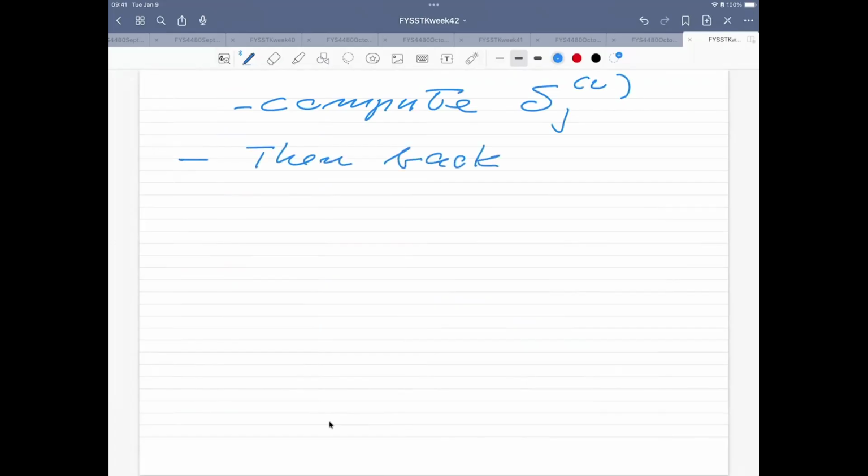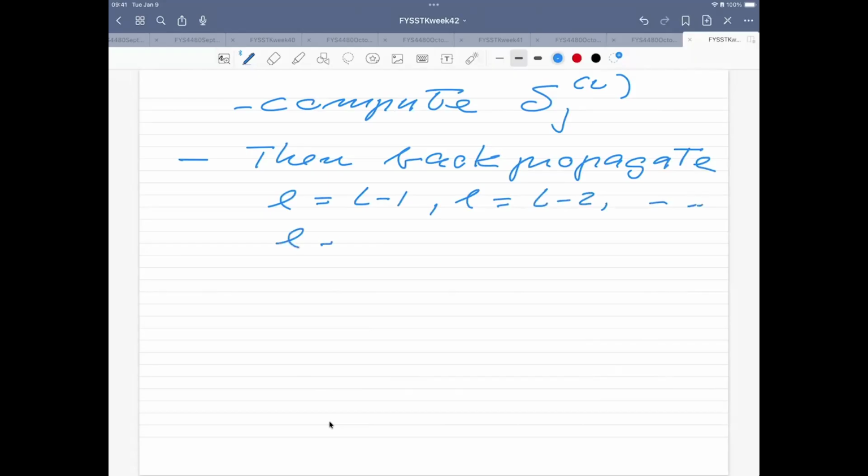And now we're going to stop, so we can take a small break, but let me just write it down so we are ready to design our code after the break. So we do this for L minus 1, L minus 2, and we go all the way down to the first hidden layer.